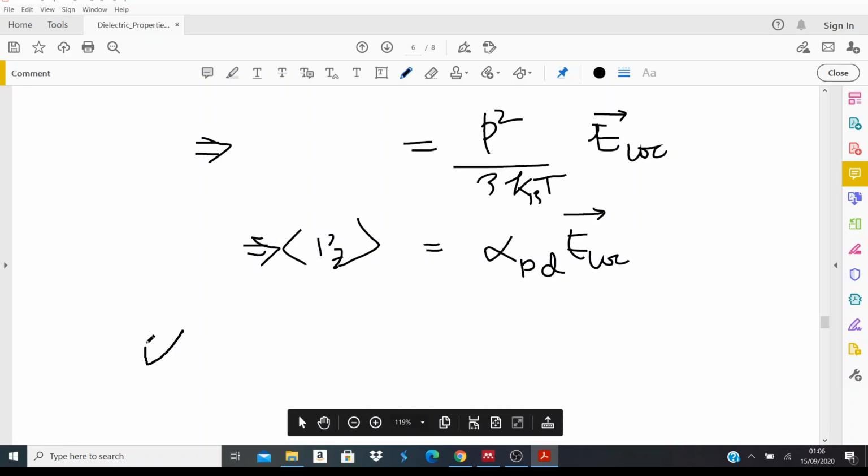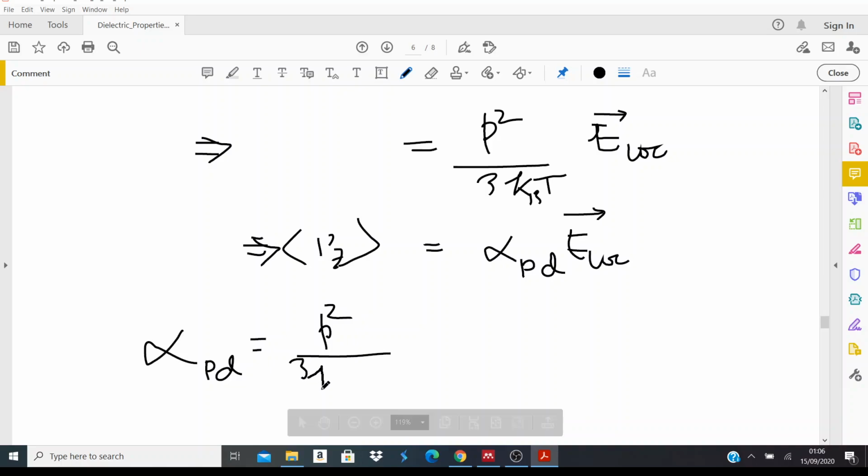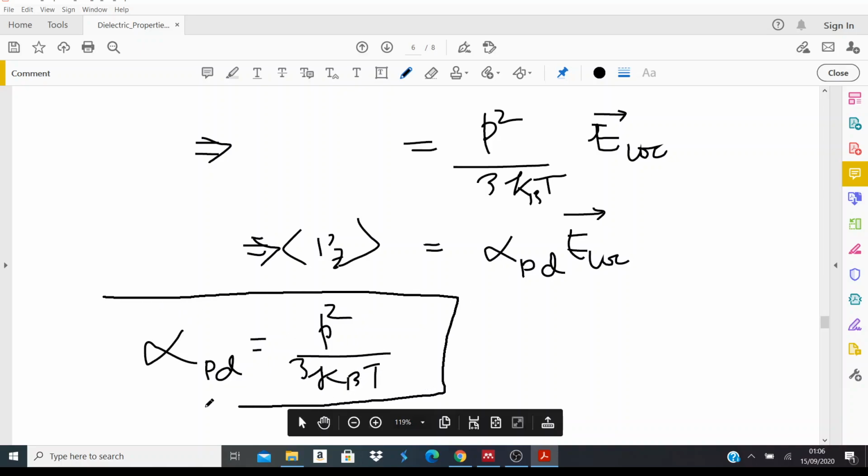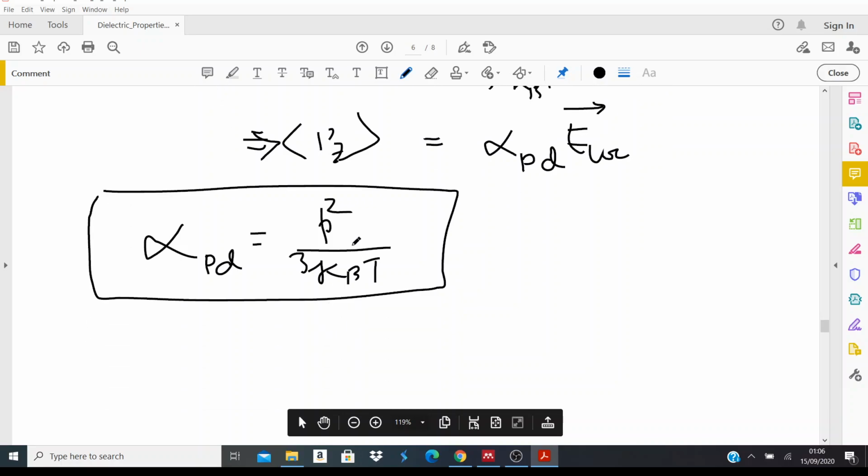That means our polarizability for orientational polarization of the permanent dipole moments is nothing but p square by thrice kBT. If you look at this expression, the take-home message is, for a fixed value of permanent dipole moment p, this is inversely proportional to temperature.